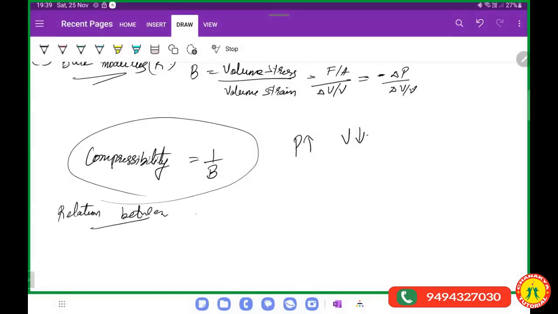The relation between Young's modulus, bulk modulus and shear modulus. Do we need this relation? You don't need it, let it be.